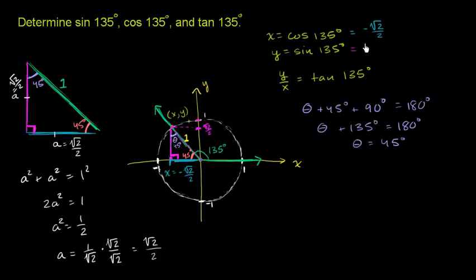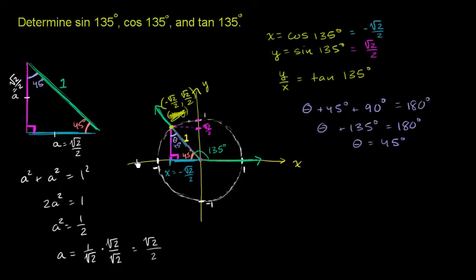And so sine of 135 degrees is square root of 2 over 2. So I can rewrite this coordinate here as the x value is negative square root of 2 over 2, and the y value is positive square root of 2 over 2. I now know the x and y values of that intersection point.